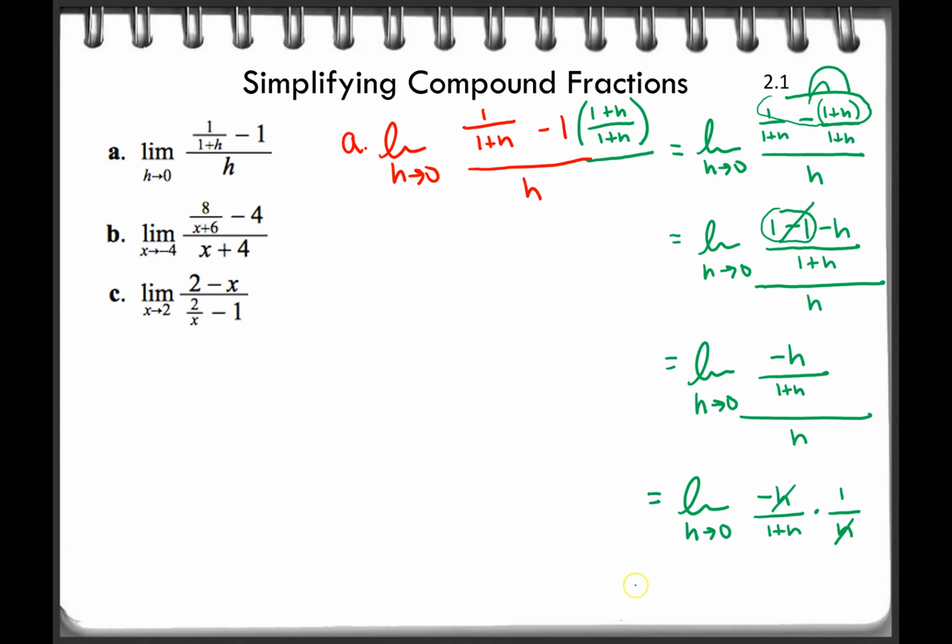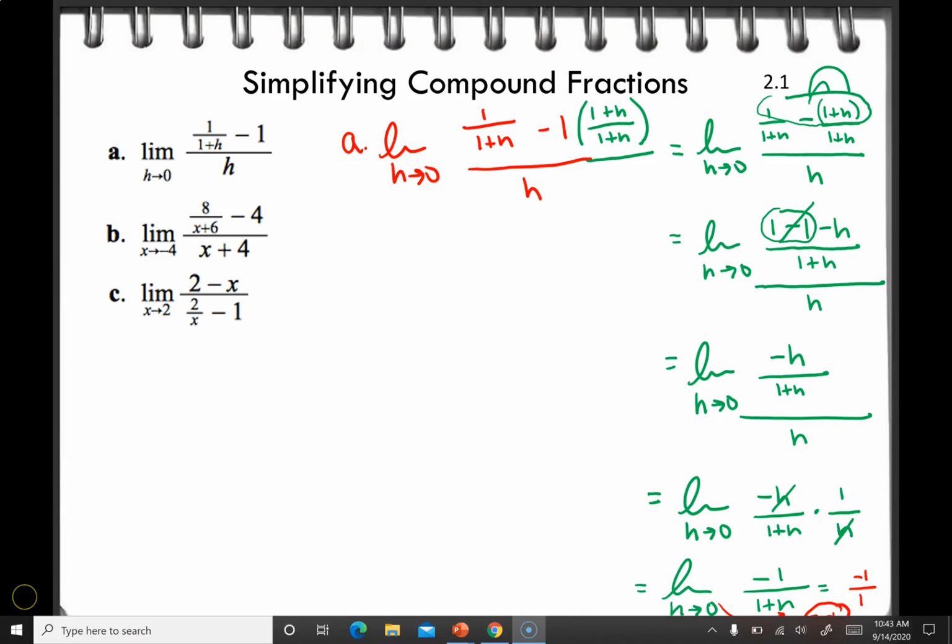And this is really just going to be equal to the limit as h approaches 0 of negative 1 over 1 plus h. Okay, now I'm going to plug in that 0. Plugging in that 0 right there, I get negative 1 over 1 plus 0, which is just 1. So this whole answer is simply equal to negative 1. There we go. All right, awesome.